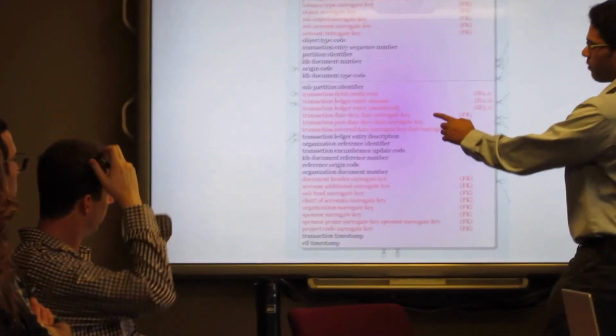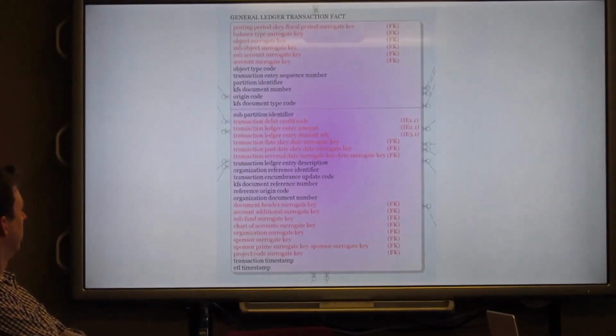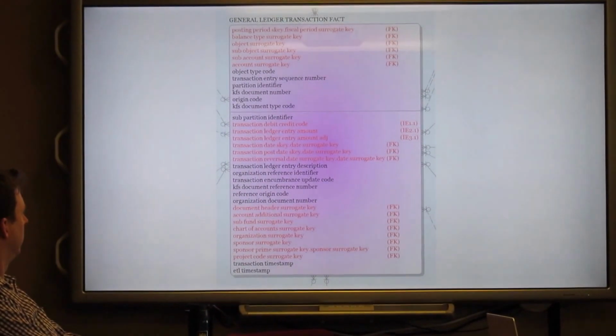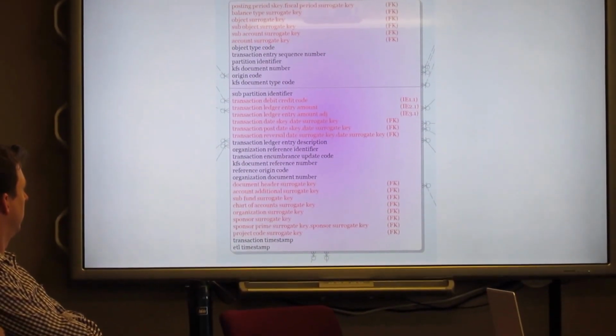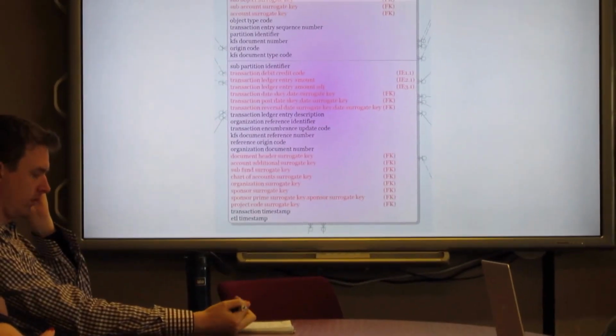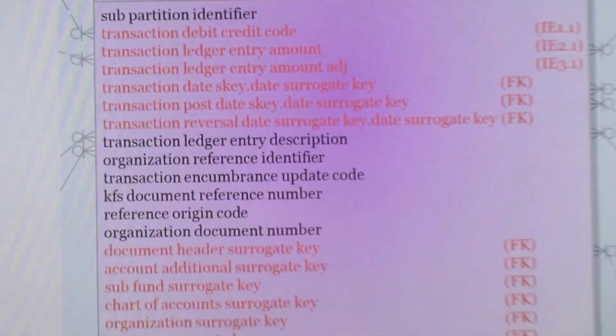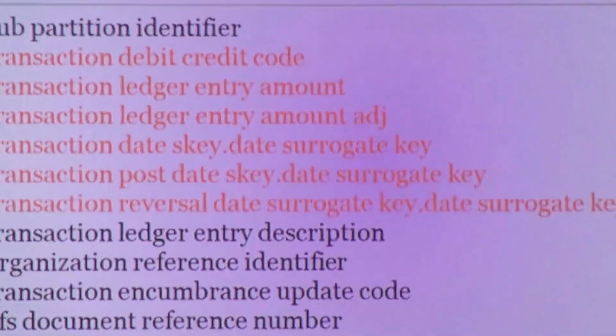And we just have one quantitative field here, which is the general ledger entry amount. We also have another field, general ledger entry amount adjust, which takes care of the credit debit field. So really there's only one dollar figure here.